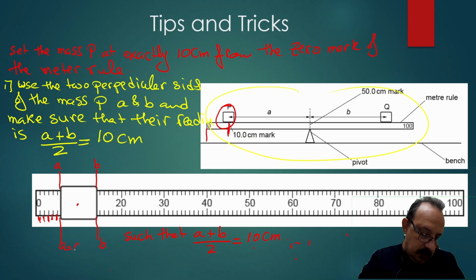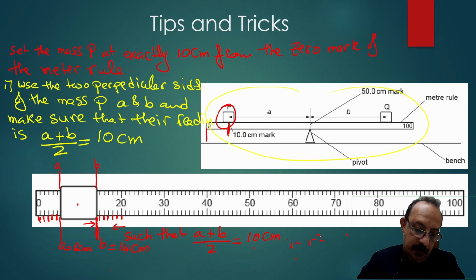So A is equal to 6 centimeter. What about B? I cannot see it from this side, so I'm going to take the measurement from that side. We have 20, 19, 18, 17, 16, 15, and B is equal to 14 centimeter.